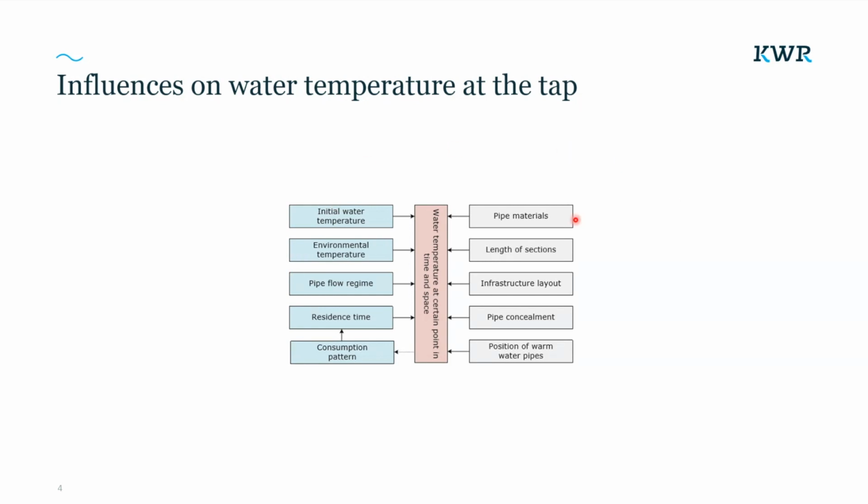But also things like the material of the pipe, is it copper, is it plastic, the length of the pipes, the layout of the premise plumbing system, and also importantly, what we focused on is the position of other warm water pipes or other possible heat sources. And this all influences the water temperature at a certain point in time and space.